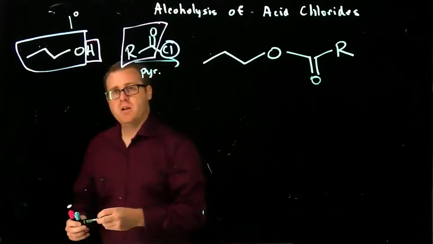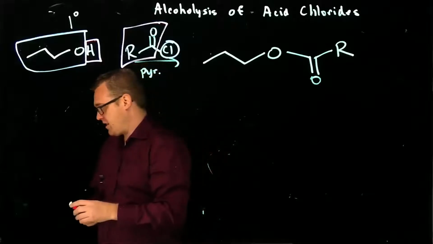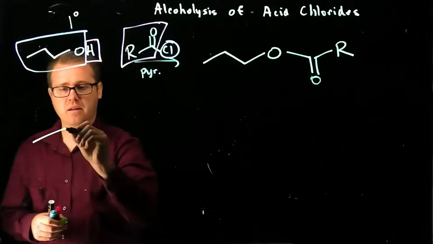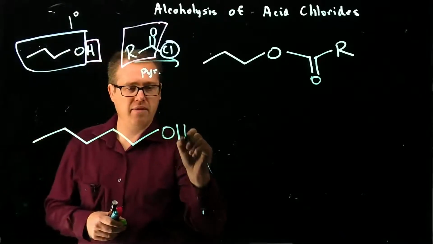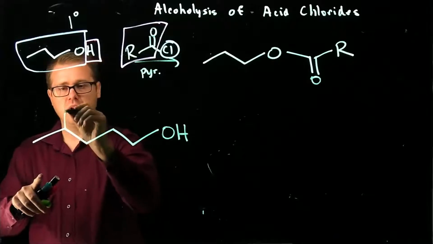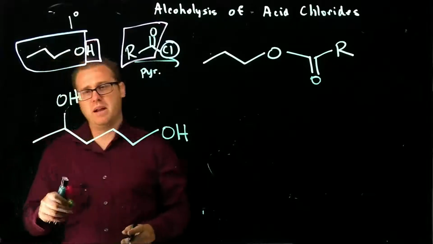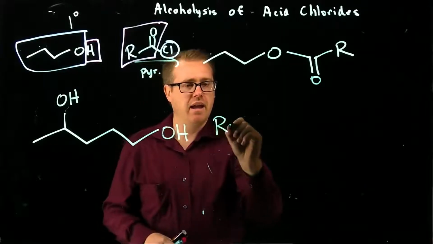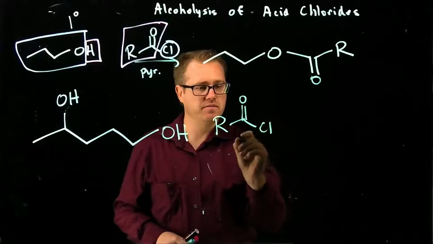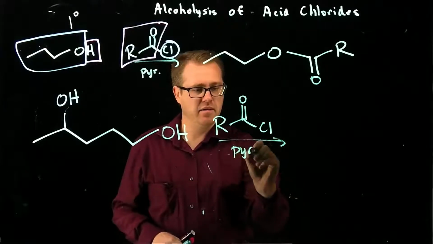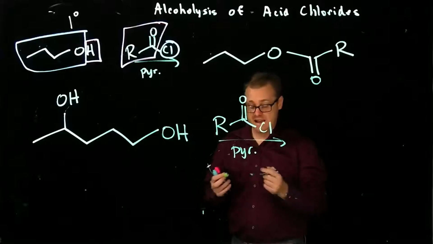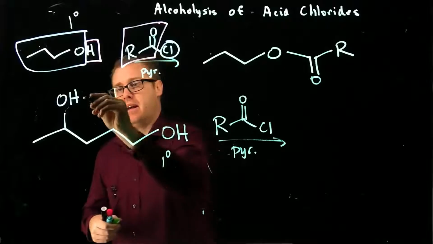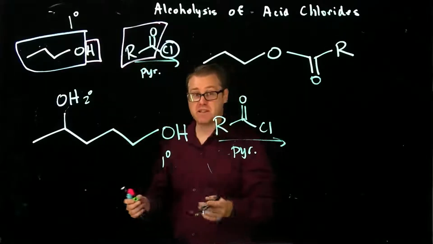Okay? But then when you start introducing sterically hindered alcohols, so let's say we have a primary alcohol there, but a secondary alcohol there, and we treat it with an acid chloride molecule with some pyridine, we can selectively only react it with the primary and not the secondary due to sterics.